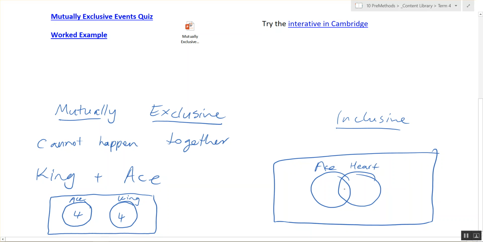Okay? So you could have one ace that's a heart. So there's some sort of intersection for inclusive, okay? Does that make sense? Any questions?